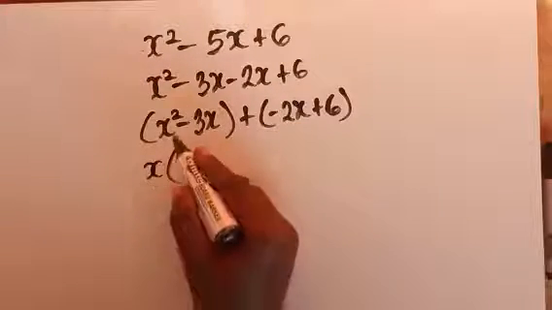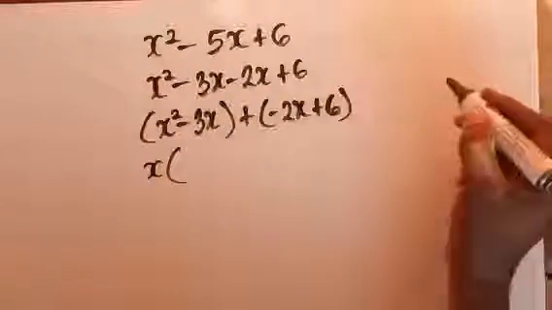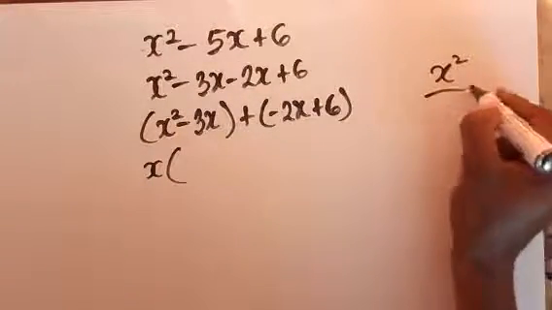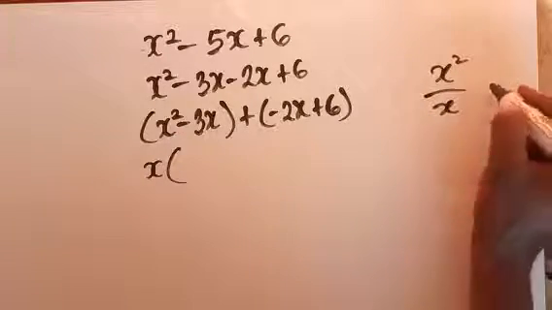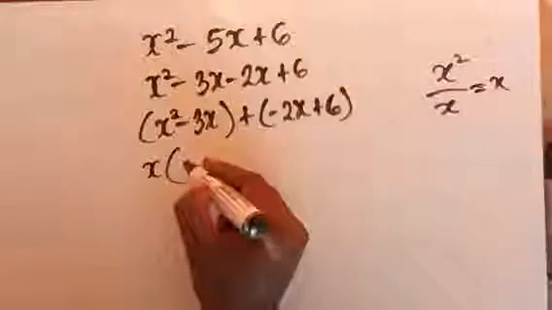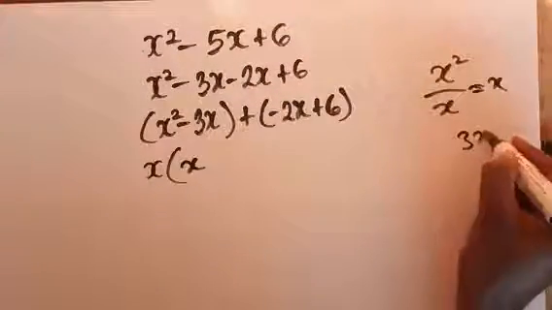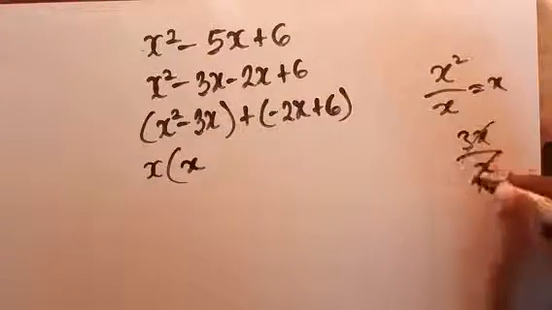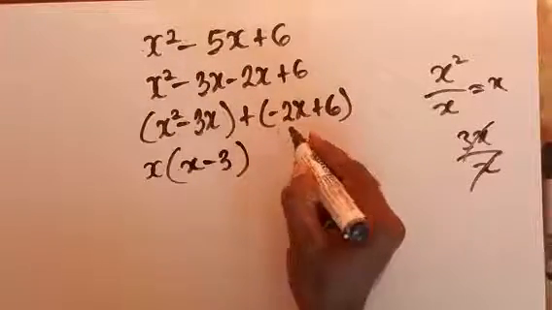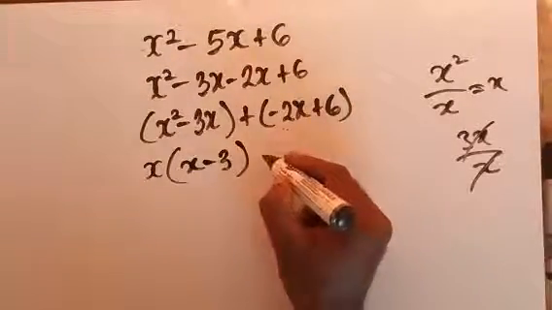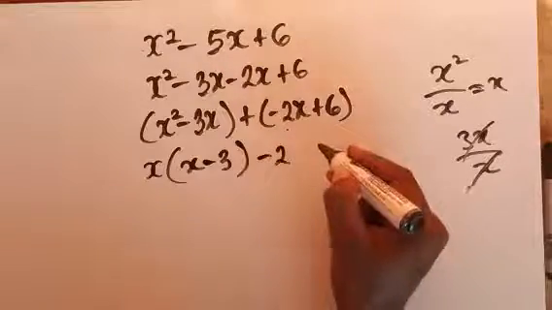Then x squared divided by x, we've learned earlier, you subtract 1 from the exponent and you'll be left with x. So we got x. And 3x divided by x, the x will cancel, I'm going to get minus 3. Then the least term over here is negative 2.